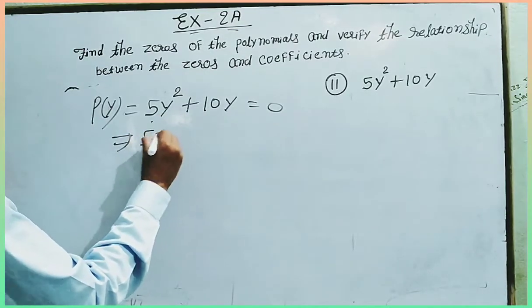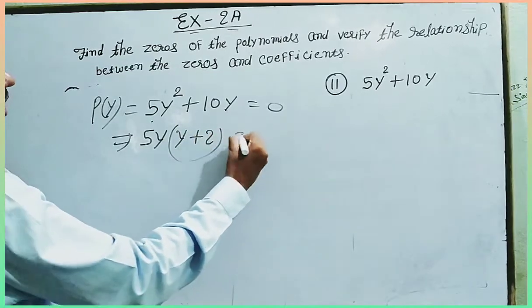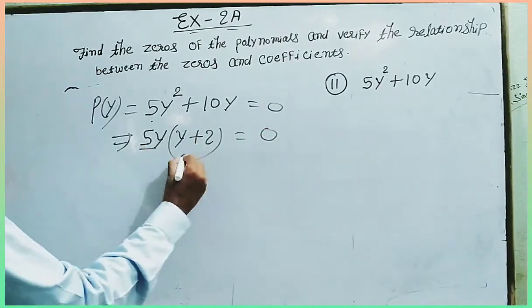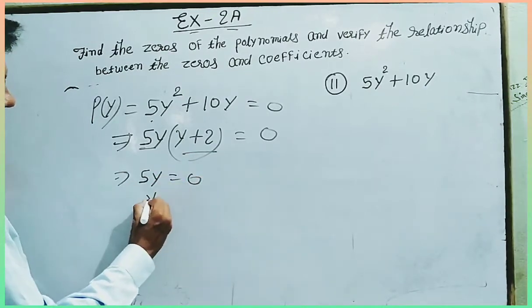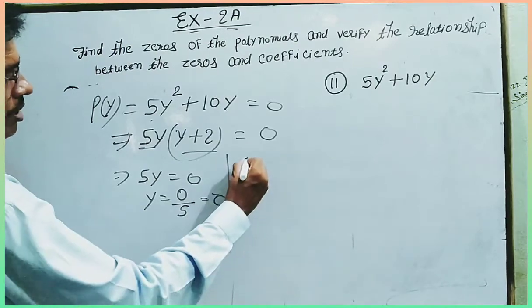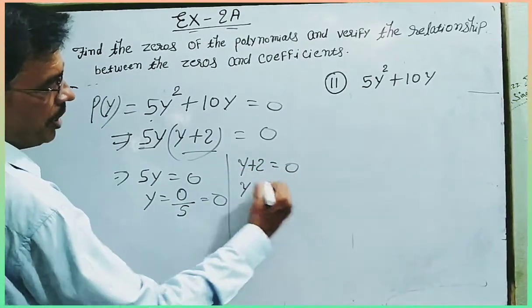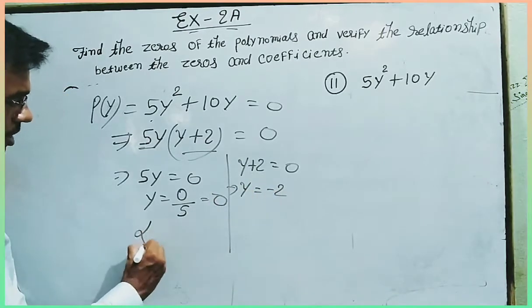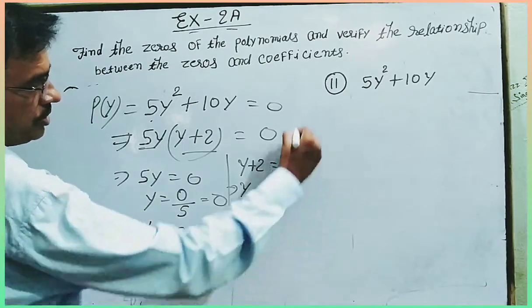So you only take common, that is 5y common, you get y plus 2 is equal to 0. There are two terms: 5y is 0, so y is equal to 0 by 5, that is 0, and next term y plus 2 is equal to 0, so y is equal to minus 2. So clearly alpha is equal to 0 and beta is equal to minus 2.